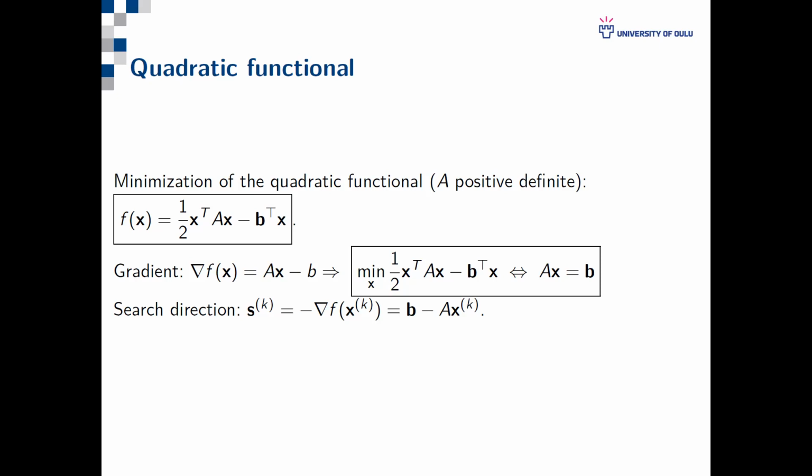So the gradient equals here Ax minus b, as in our previous example, where A was just a 2 by 2 matrix. In our previous example, b was equal to 0. So the minimization of the quadratic functional is nothing else than solving the linear system of equations.